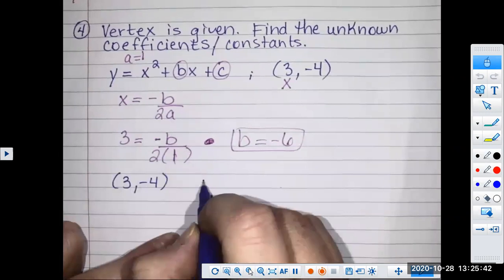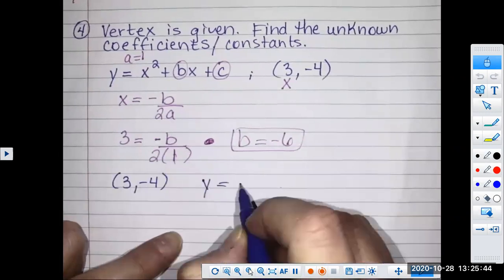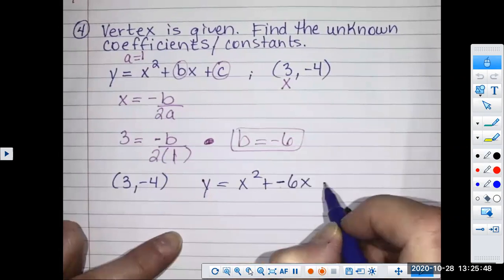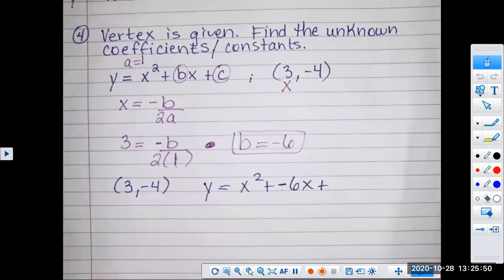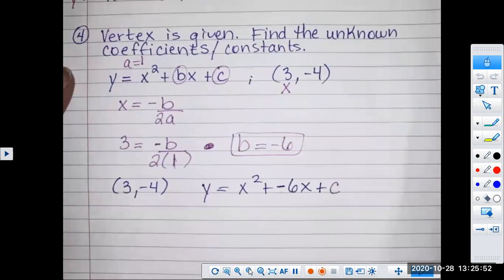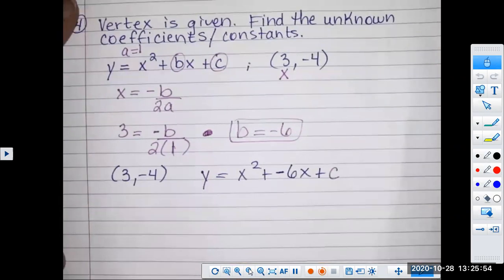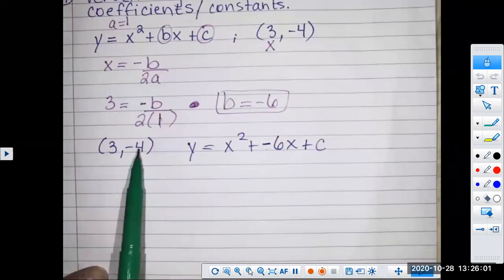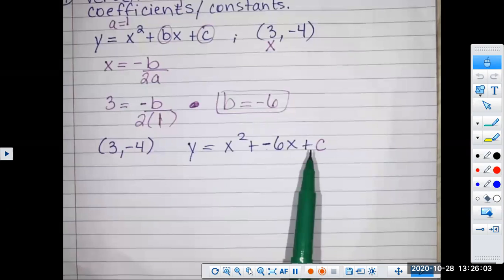You also know a is 1, and now we know that b is -6. And we need to find c. Tell me what you can do with 3 and -4 to help you find c. Good. Plug that in for your x and y.